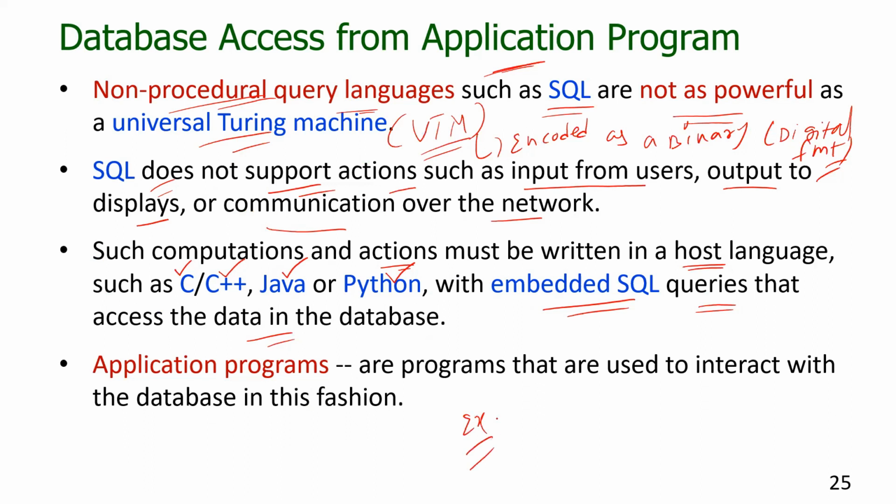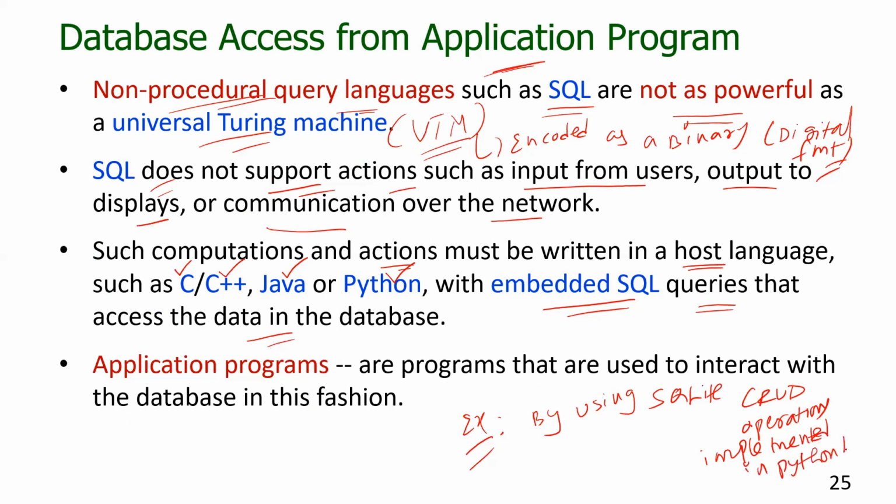For example, by using SQLite, CRUD operations can be implemented in Python. By writing a Python program, you can implement CRUD operations. Here CRUD operations are create, retrieve, update, and delete operations. These are the major operations in SQL.